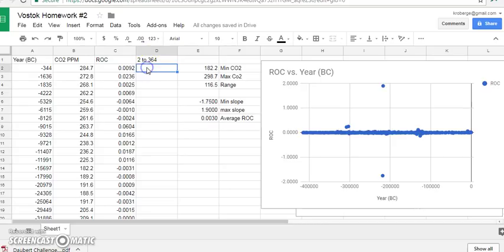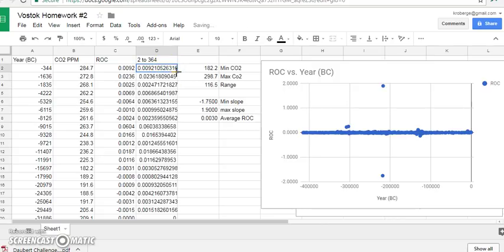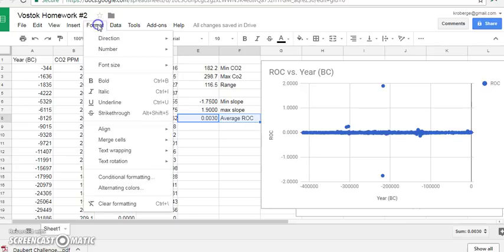So an even better way of doing this is to do equals ABS, that's absolute value of that number. Hit enter. And then double click that little box again. And you see it just takes the absolute value of every one of these numbers. So now here's a better way of doing it. I just want to cross that out.